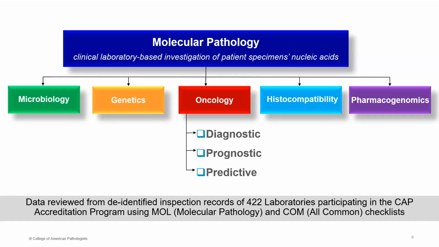Molecular pathology, when practiced in the clinical laboratory, involves the investigation of nucleic acids in specimens derived from patients to inform clinical care. It is a multifaceted practice and worth clarifying that the data from the study referenced in this presentation is relevant to the oncology subdiscipline, where nucleic acids from patient specimens are used to provide diagnostic, prognostic, and predictive information for clinical care.